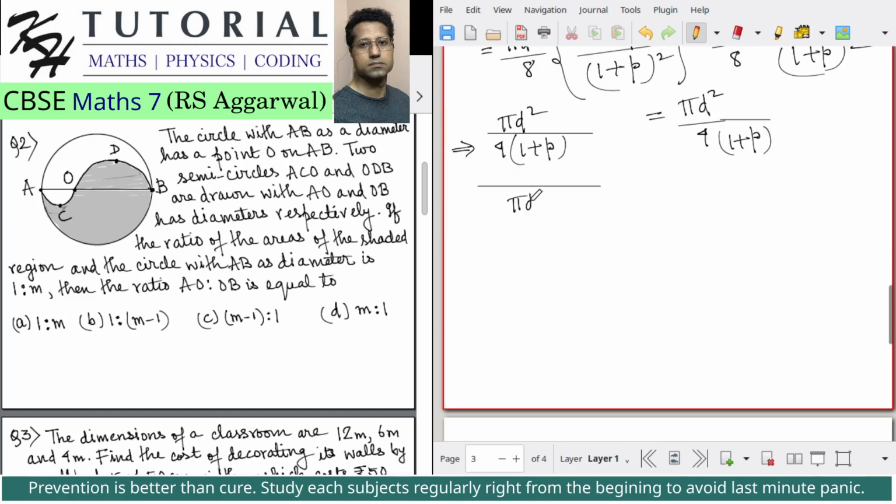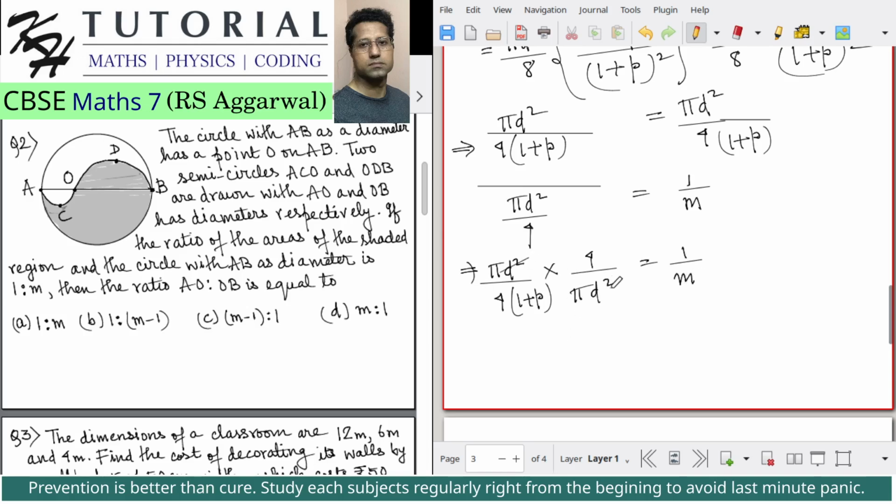So this is equal to, is given as 1 by m. So if we simplify the left hand side, it becomes pi d square by 4 into 1 by (1 plus p), and then multiplied by 4 by pi d square, this is equal to 1 by m.